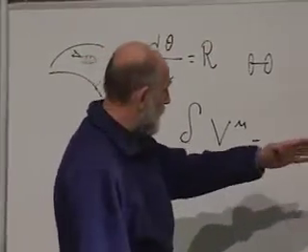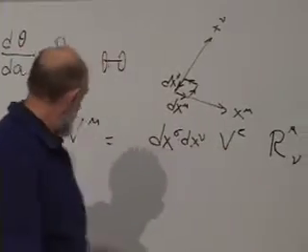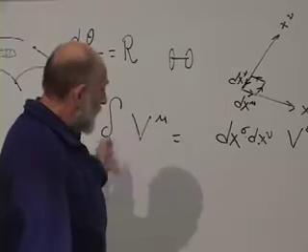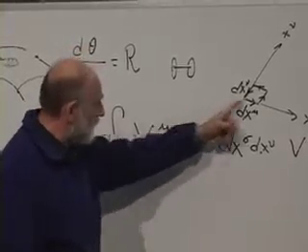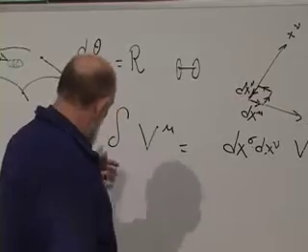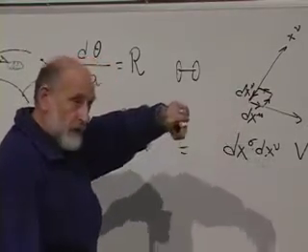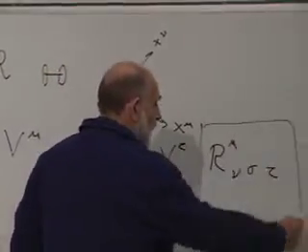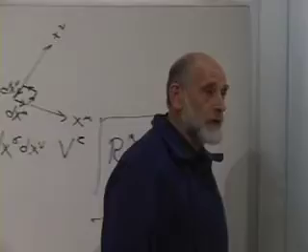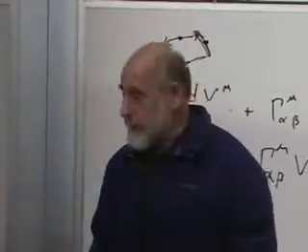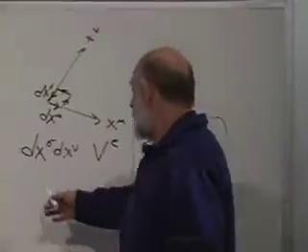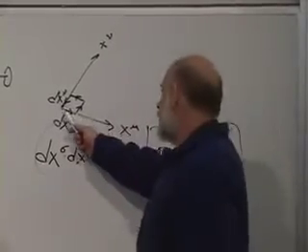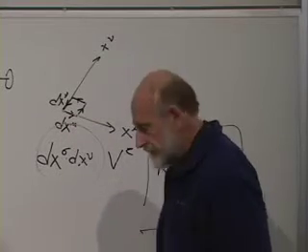This is a tensor equation. Delta v on this side is the difference of two vectors at the same point, a vector and a slightly shifted vector. This is a tensor equation, and this is the curvature tensor. It's the Riemann curvature tensor. And what it tells you, as I said, is per unit area, how a vector changes when it goes around in a closed loop.